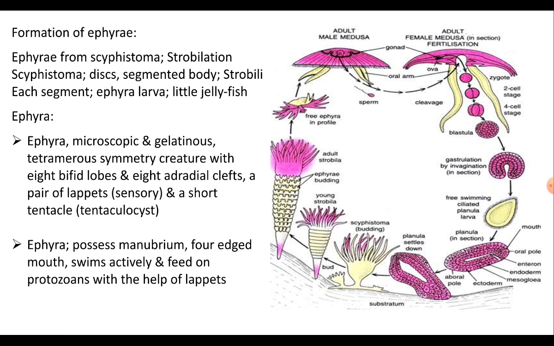And it possesses a manubrium and mouth. The ephyra swims actively in seawater, feeding on microorganisms such as protozoans or zooplanktons, which are caught with the help of lappets and transferred to the mouth.